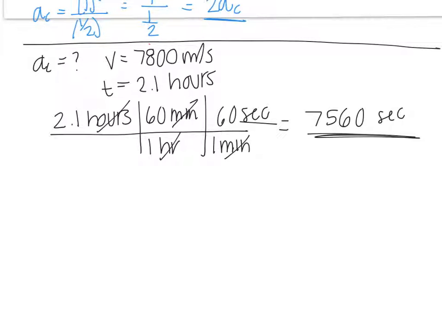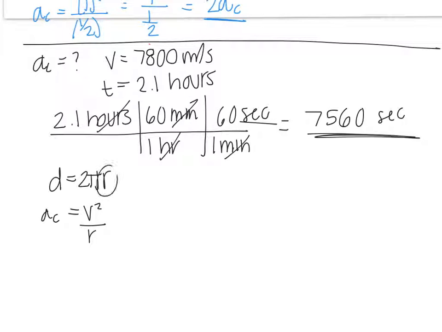Then it says then find distance. So distance, if you look in your equations, is 2 pi r. I don't know the radius, so I can't really just plug in to solve for distance. And I know I'm looking for A_C, and A_C is equal to v squared over r.